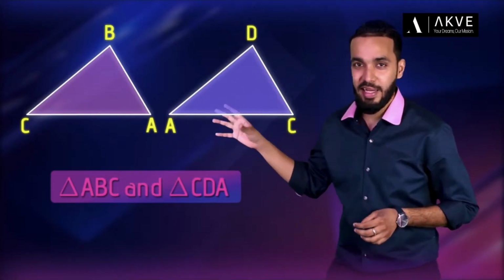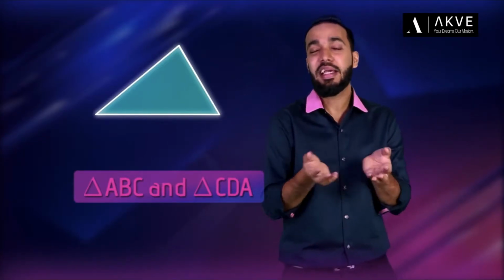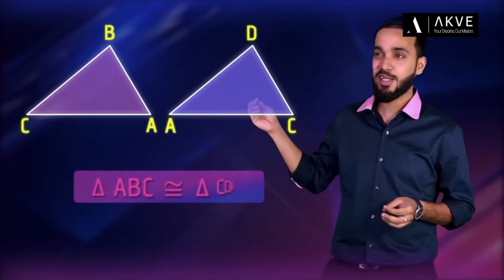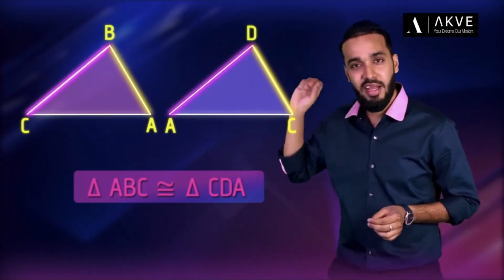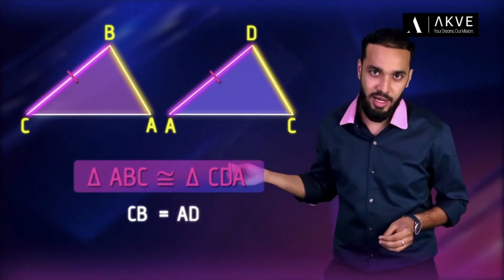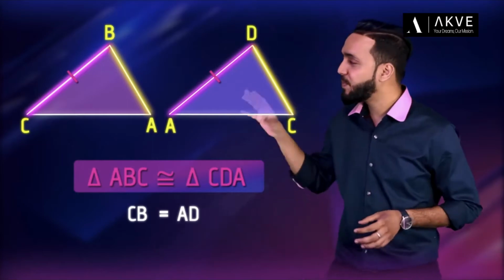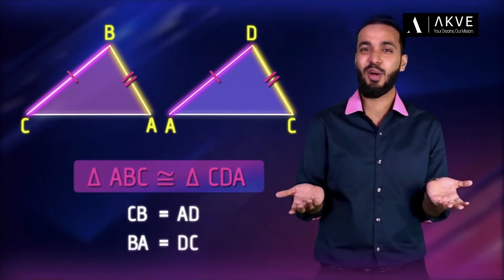Superimposing these triangles like this showed us that the two triangles coincide perfectly, which made it easy to conclude that the triangles were congruent, right? And since the sides matched perfectly, we could say that sides CB and AD were equal, and so were sides BA and DC. We know this like the back of our hands, don't we?